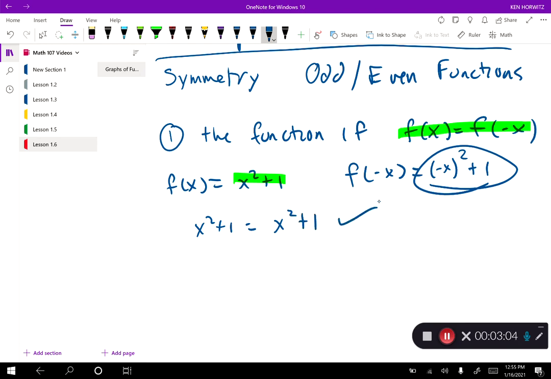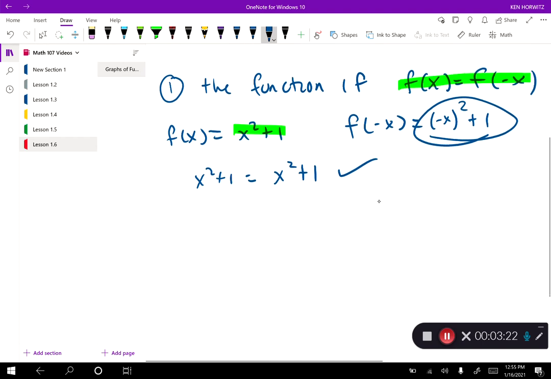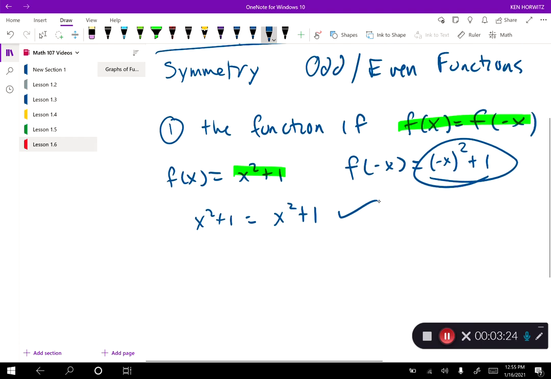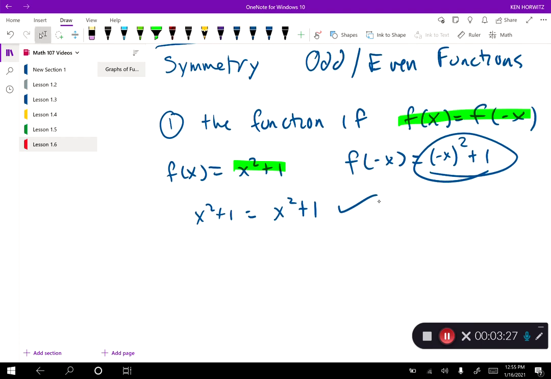Therefore, the function is even. Like I said, an example that you would have on any sort of an assessment would give you a function, say, is it even, is it odd, is it neither? And then you would have to run through this test to see if it was indeed even. So the function is even. Just make sure we write that.